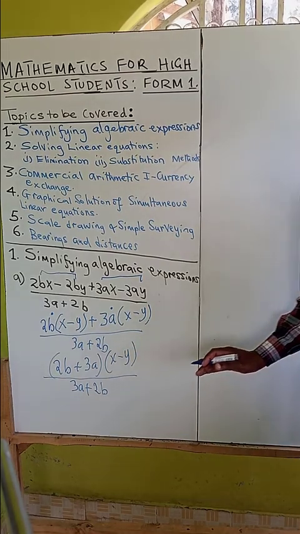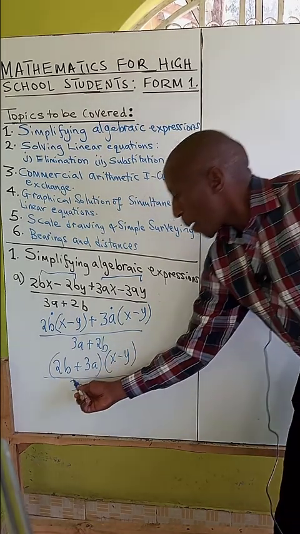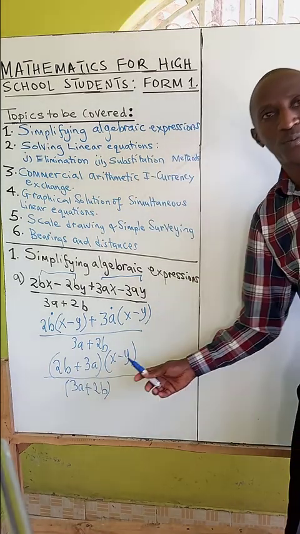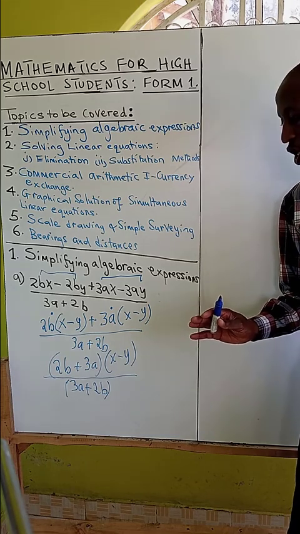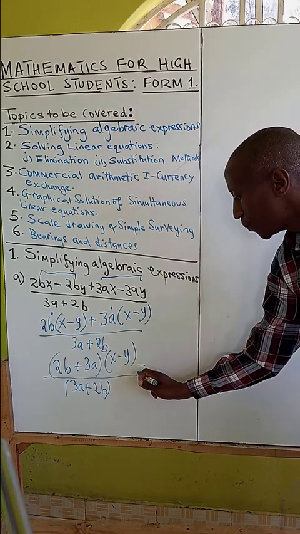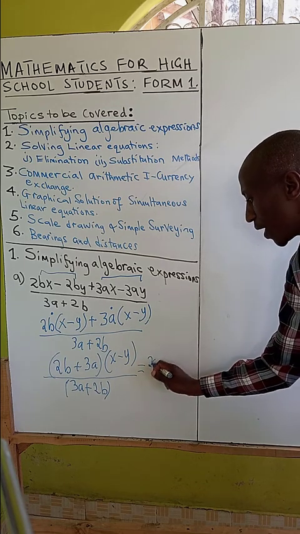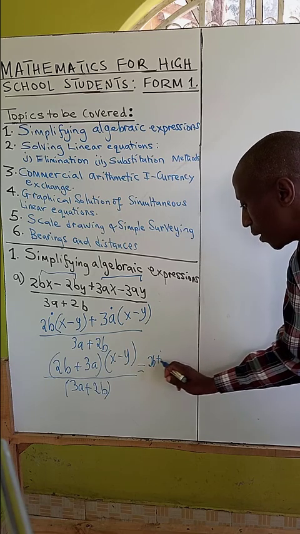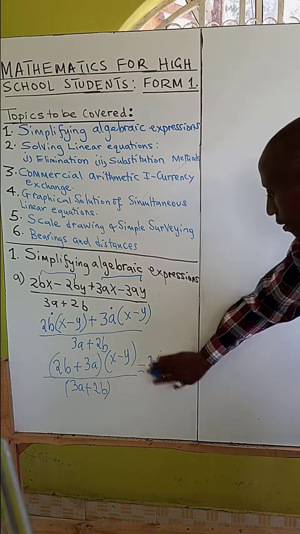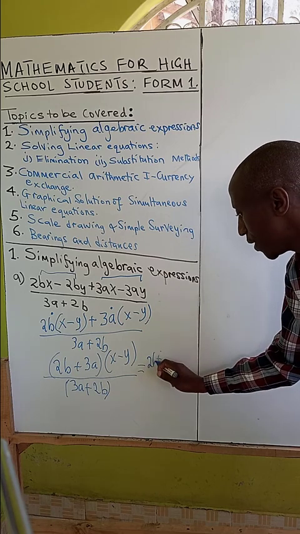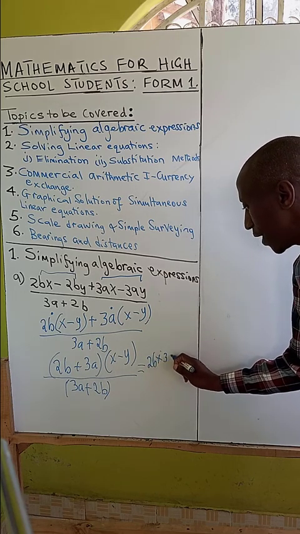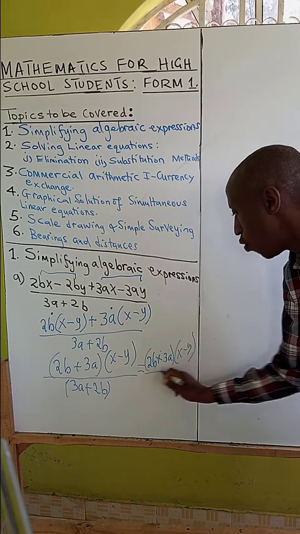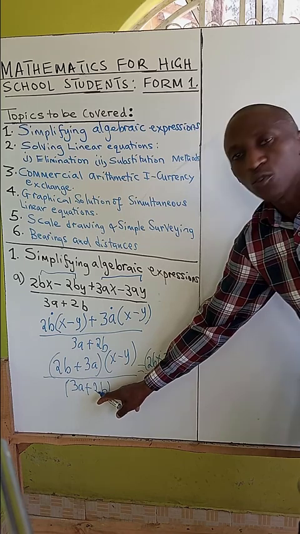At this level, we normally say that the order of addition does not matter. So this is equivalent to 2b plus 3a into x minus y, all over 3a plus 2b.